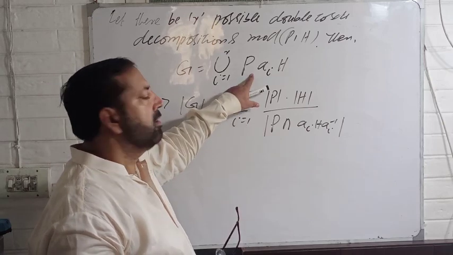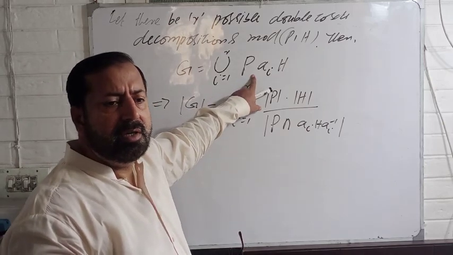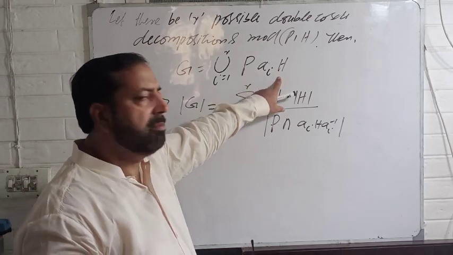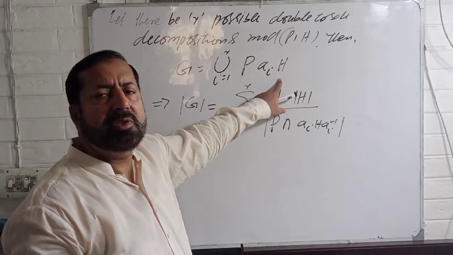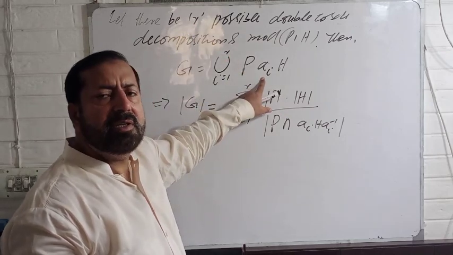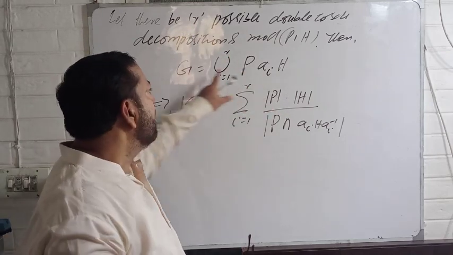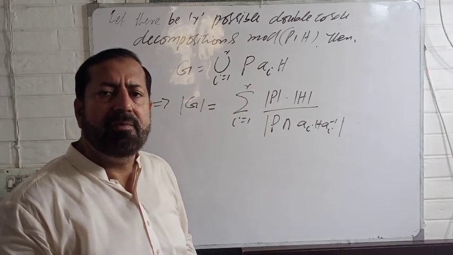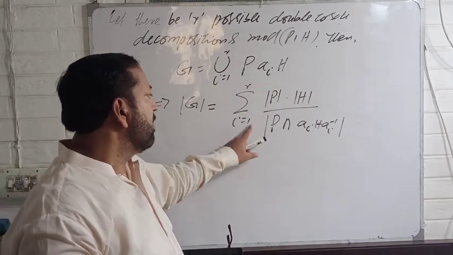Since this double coset decomposition is a partition of G, and these are mutually disjoint double cosets, their union is the entire group G, and they have no common intersection with each other. So by the principle of inclusion exclusion, you can write directly like this.